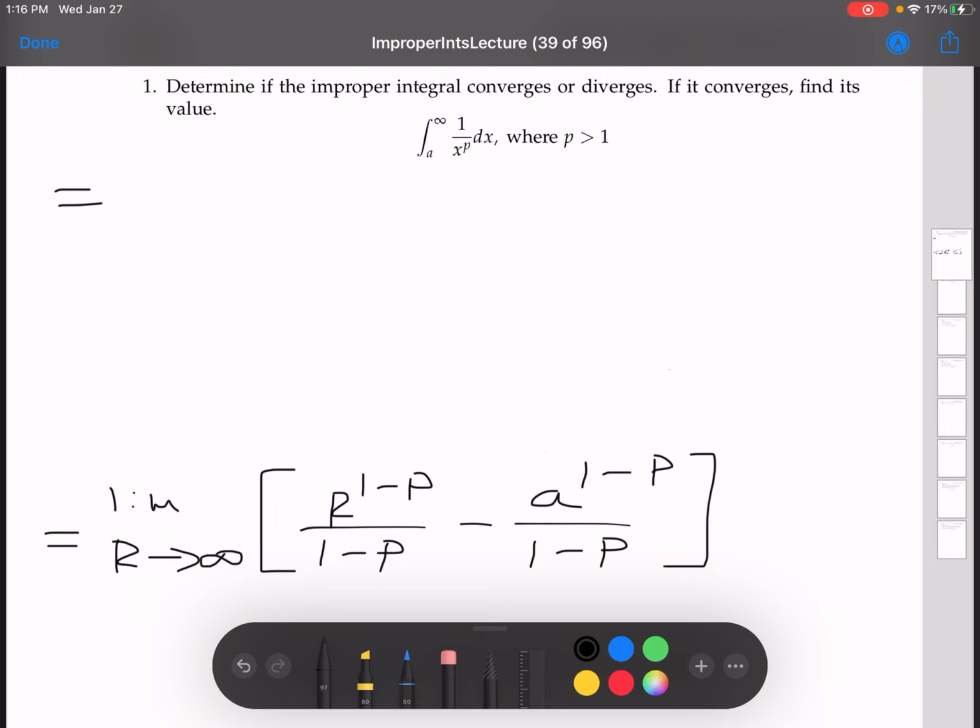Now thinking about taking this limit, r is the only thing that changes. R is the thing we're seeing what the limit as r approaches infinity is.